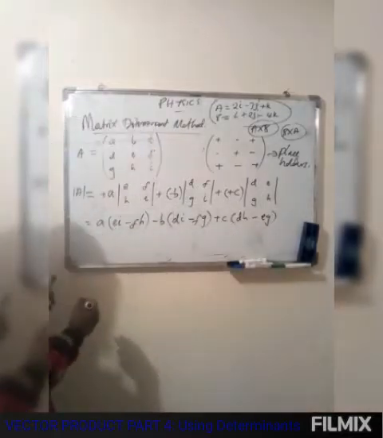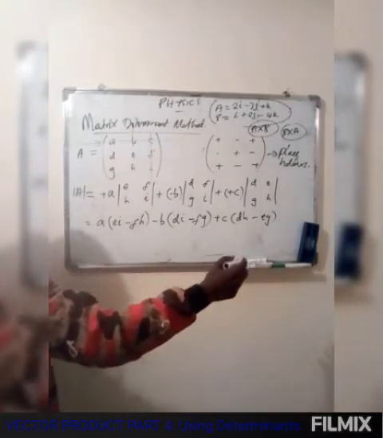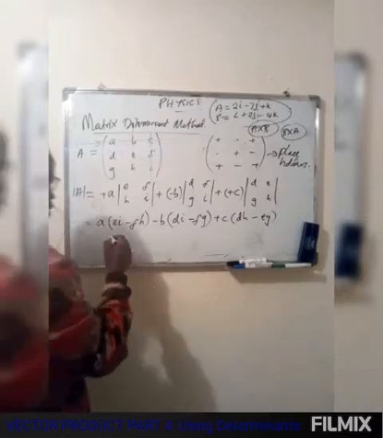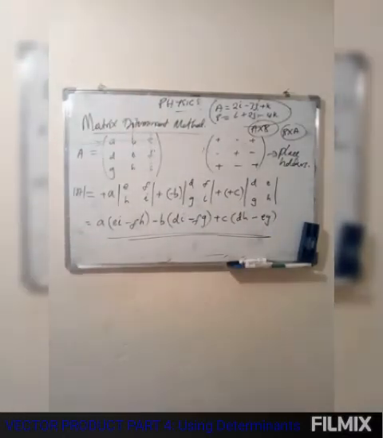If we had values, we would simplify this further, but in this case this is going to be the answer. So that is how you get the determinant of a 3 by 3 matrix in simple terms.